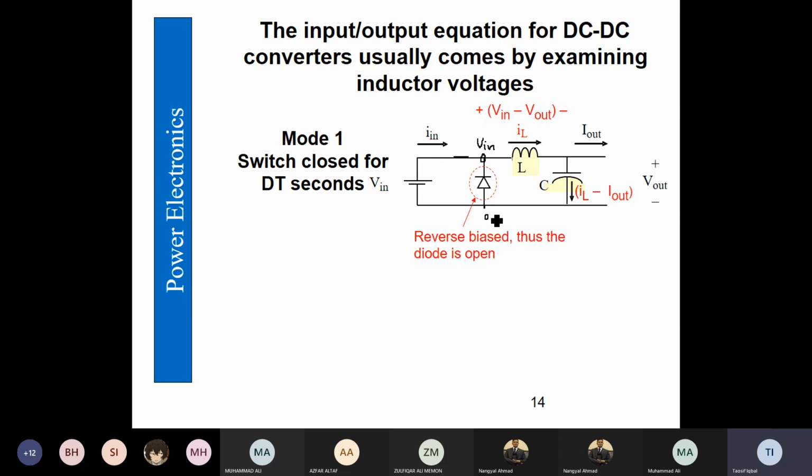Therefore, the diode becomes reverse biased and acts as an open circuit, and therefore we have only the voltage source, inductor, capacitor, and load in mode 1. The voltage drop across the inductor is Vin minus V out.